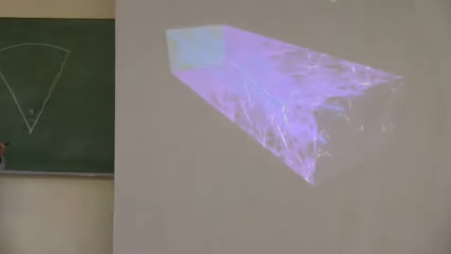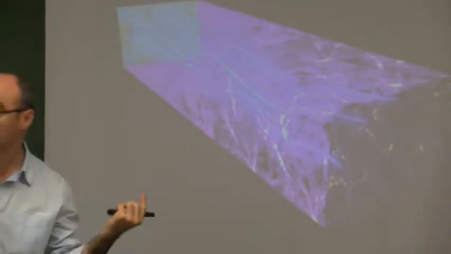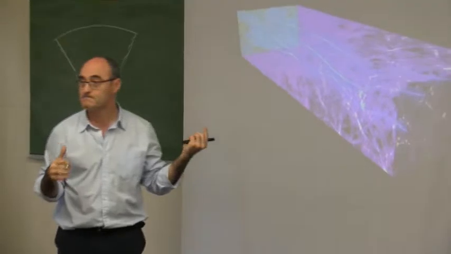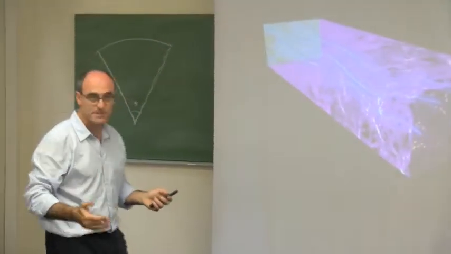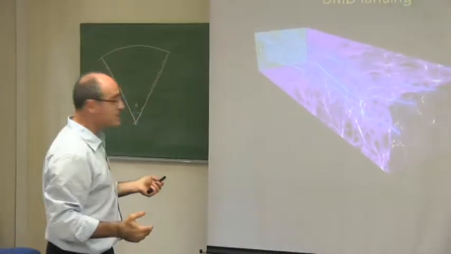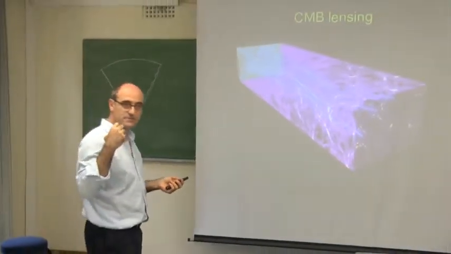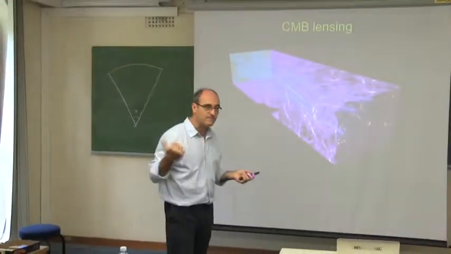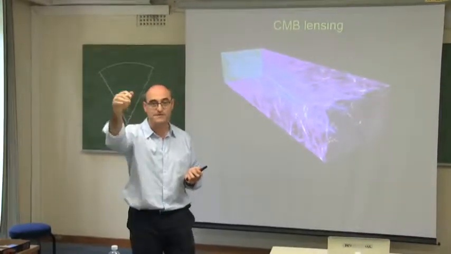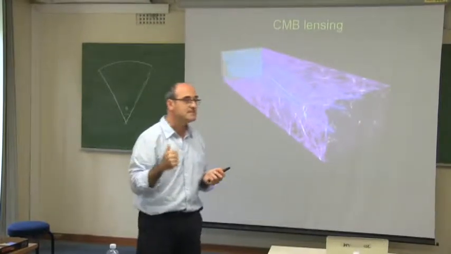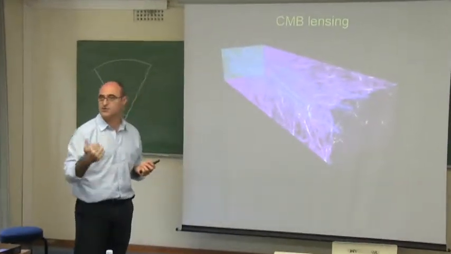This matter, just as the sun between the star and us creates a deflection of light and induces a change of path, is going to change the path of photons from the CMB. That's called lensing, CMB lensing. And the CMB lensing, which was a prediction from long ago, is actually extremely useful to constrain models of modified gravity, because the way the trajectory of the photon goes from the CMB to us is extremely dependent upon the nature of gravity.